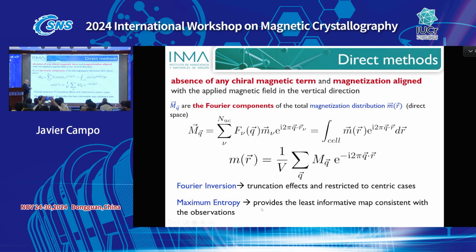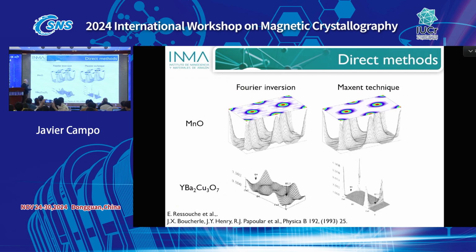Then I will show you one example of this. Here, in manganese oxide and YBa2Cu3O7, these people measured the flipping ratio, and by doing Fourier inversion and the maximum entropy technique, they reconstructed the density maps showing where the magnetic electrons are all around the atom.